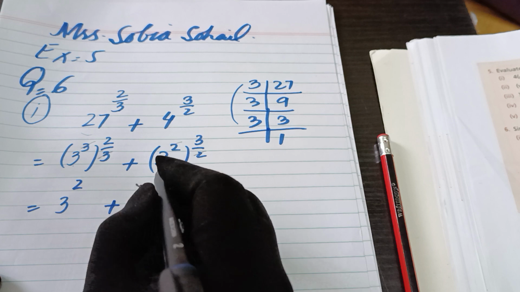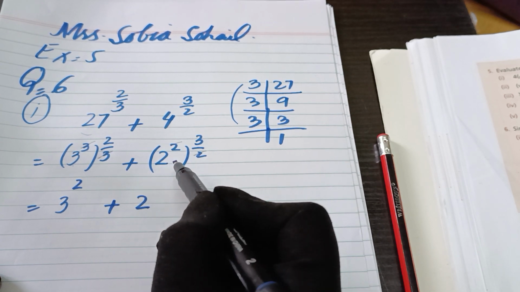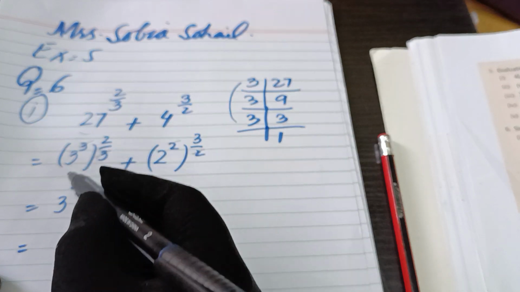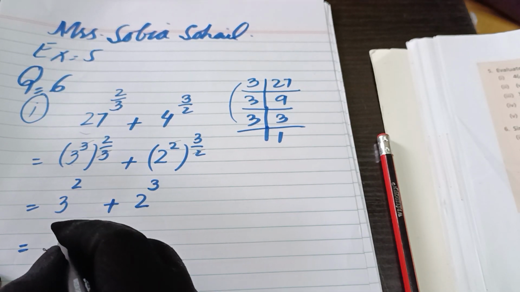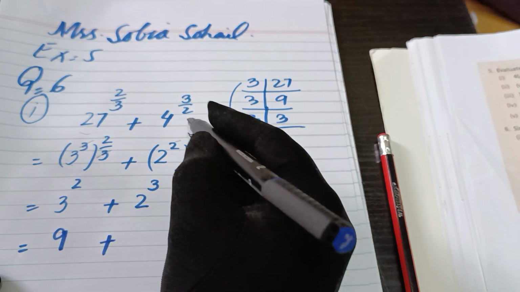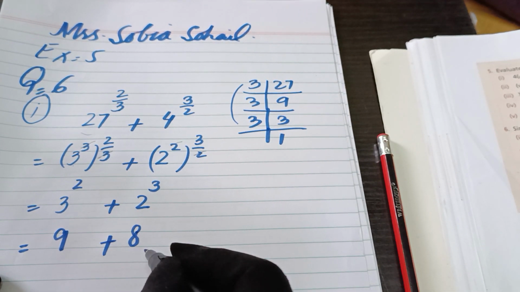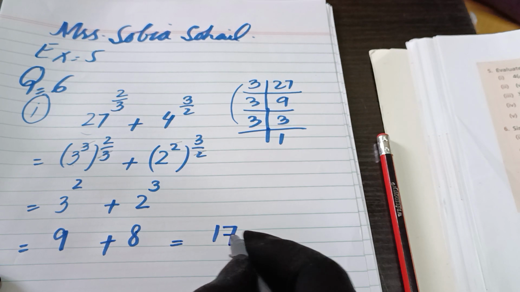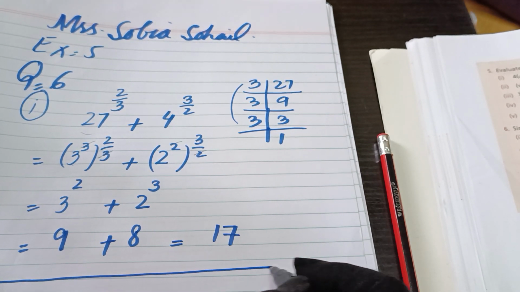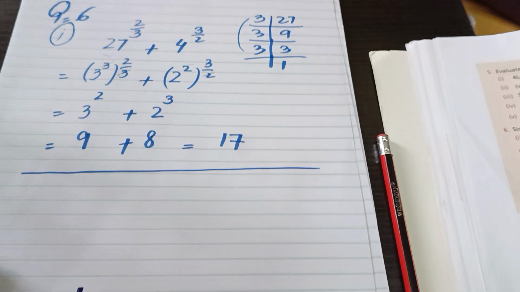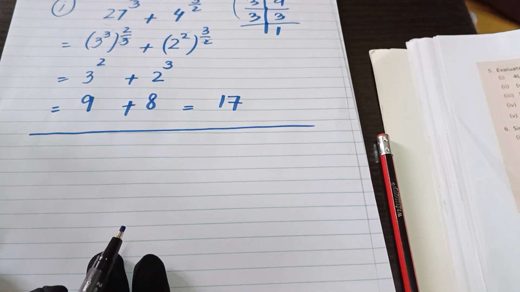Here 2 is the base number and the exponent left is 3. So this is completely solved: 3 square is 9, and 2 cube is 8. Simplified now: 9 plus 8, very simple, 17. This question is solved easily. No difficult point is there, so no need to worry about this.